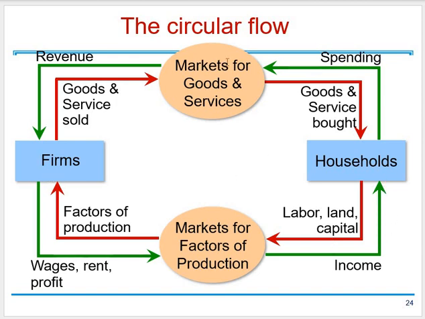Okay, so if we put the two markets and both players together, we can see the dollar will keep rolling in a cycle, in a circle, along the green arrows. The firms will never stop buying the factors of production.